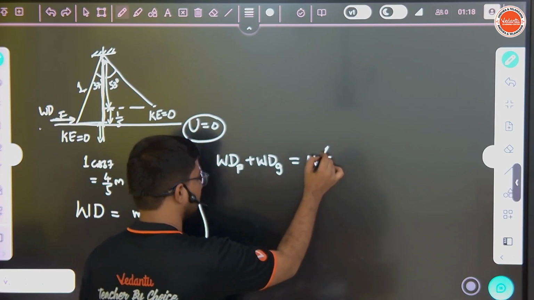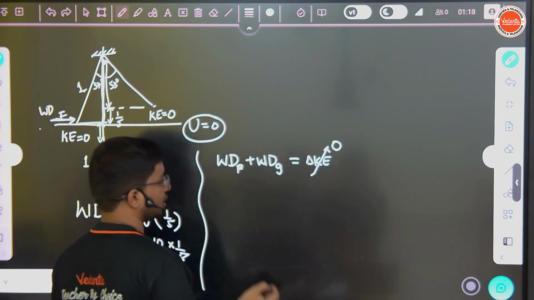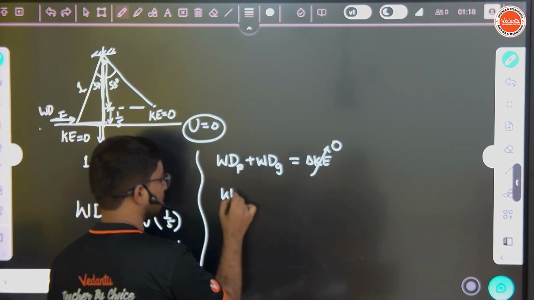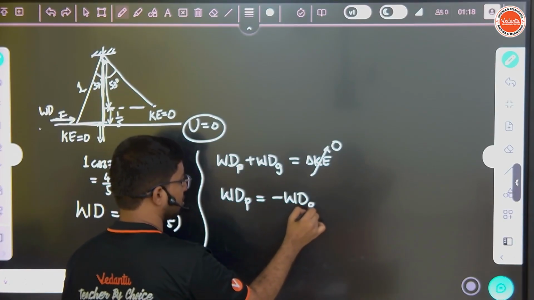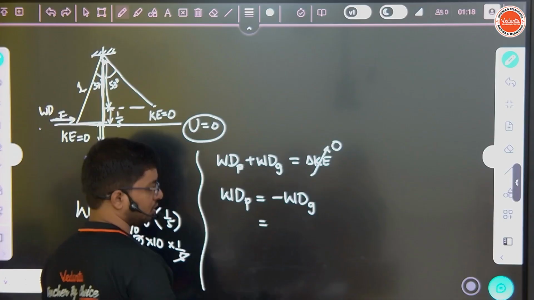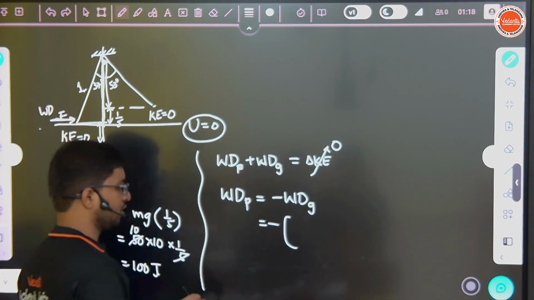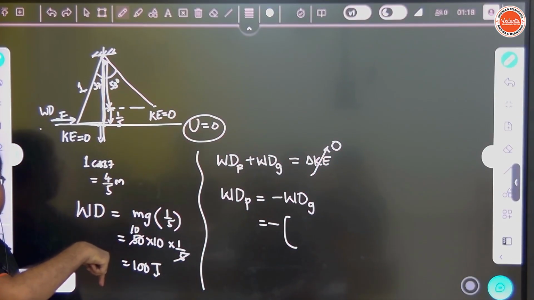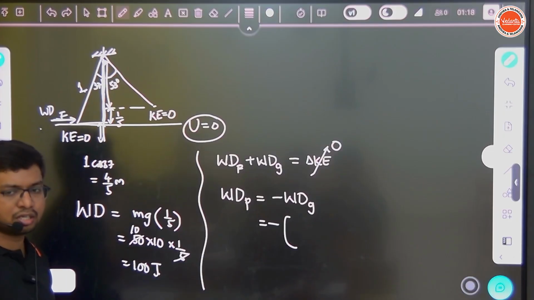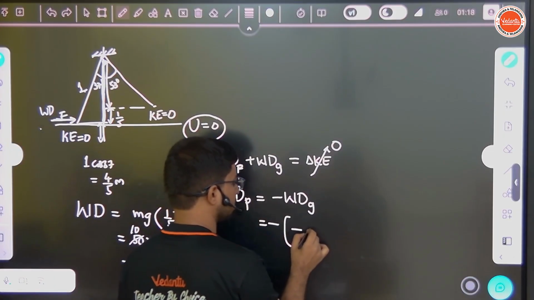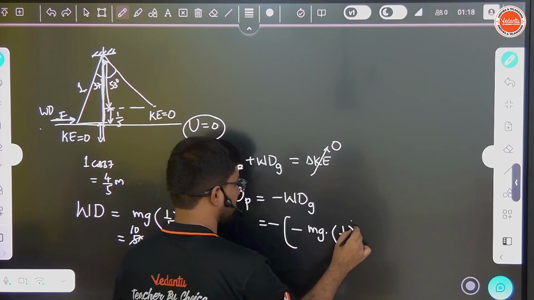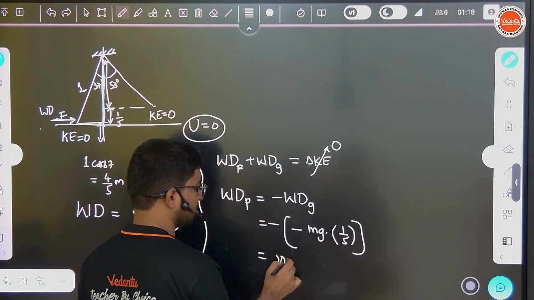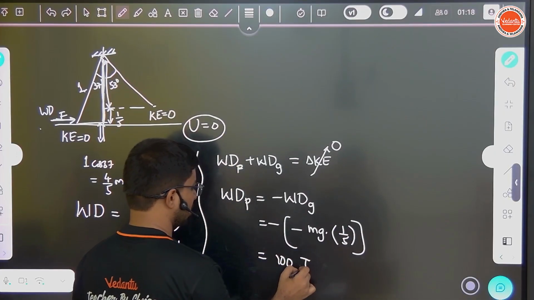And what is change in kinetic energy here? 0, right? So your work done by the person is actually equal to the negative of the work done by gravity, right? Now your gravitational force is acting in the downward direction, but your displacement is in the upward direction. So you will get this as equal to minus mg into that displacement, which is 1 by 5 meter. So you will get this as equal to 100.